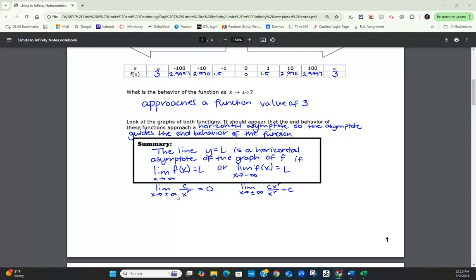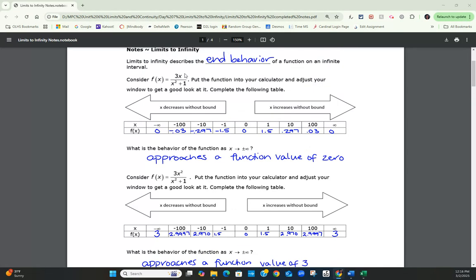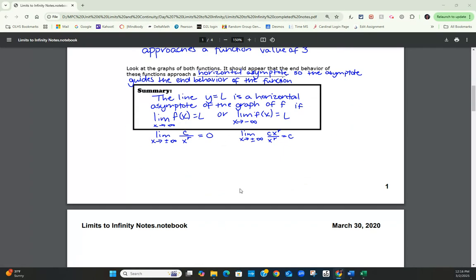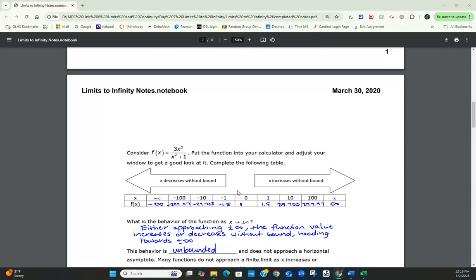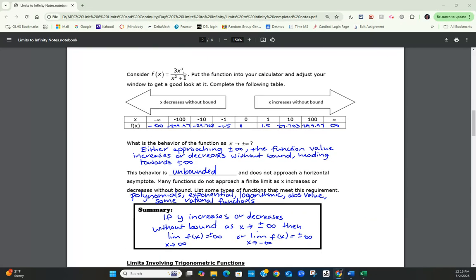Okay, these are just representative of what we have with those first two functions, where in the first function we had a degree of 1 over a degree of 2. In the second function, we had a degree of 2 over a degree of 2. All right, so keep going. Now we're going to up the degree on x in the numerator and try again.